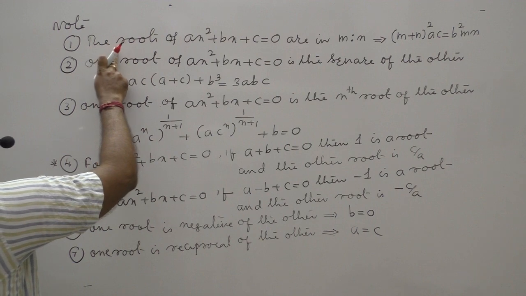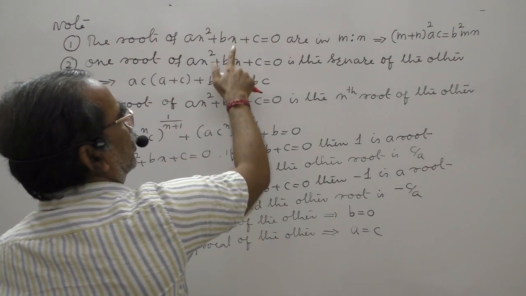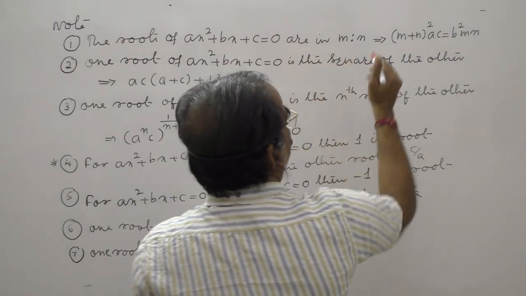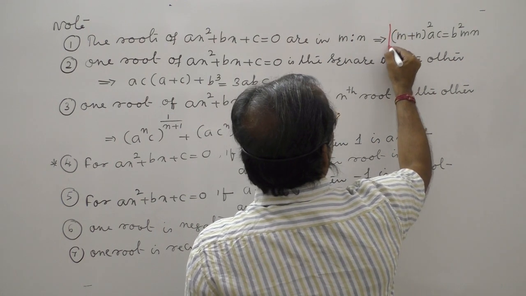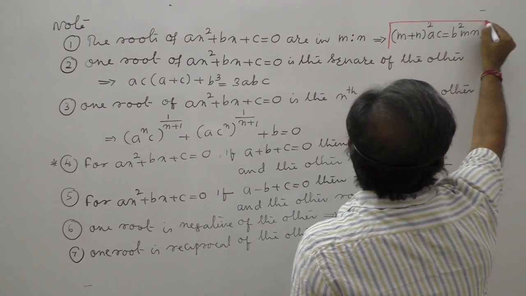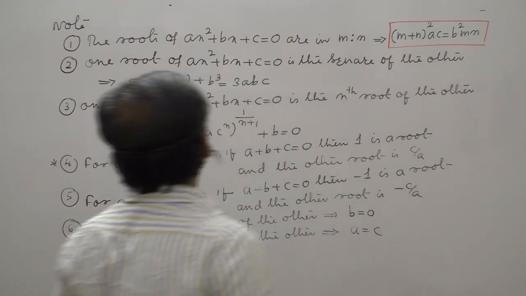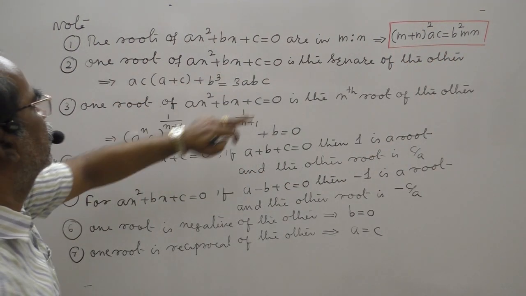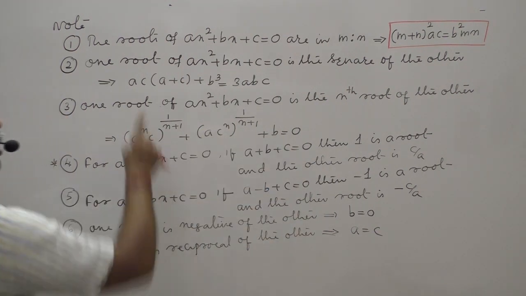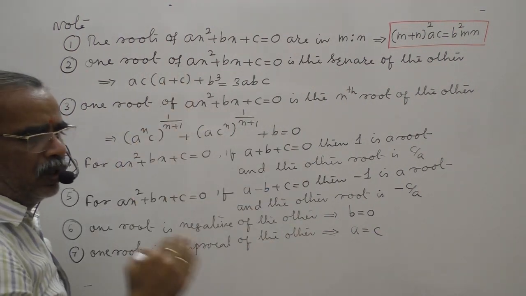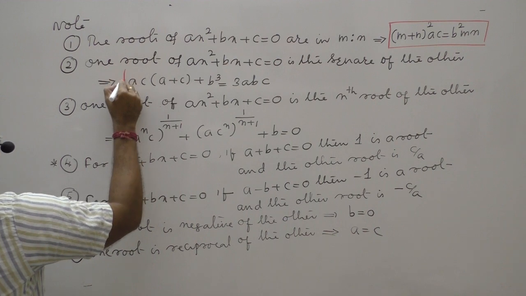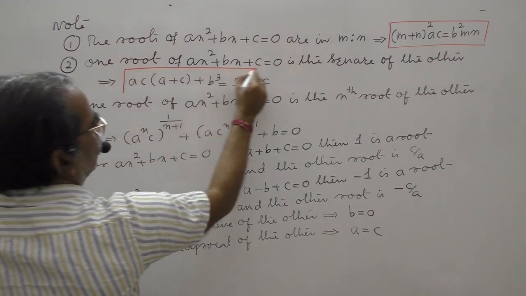Once again, if the roots of this quadratic equation are in the ratio m is to n, then the condition is this. Similarly, if one root is the square of the other, then the condition is this.